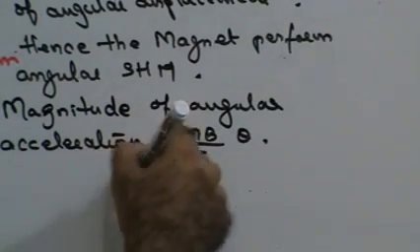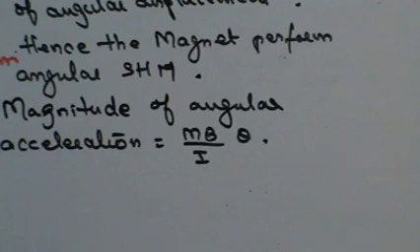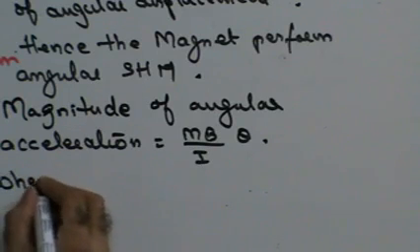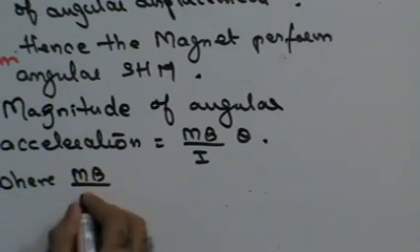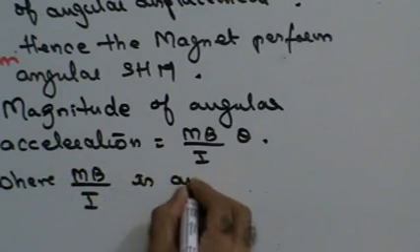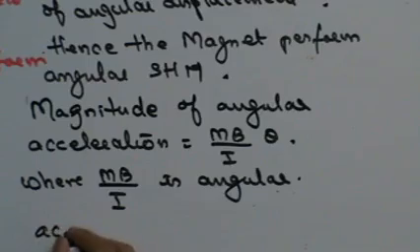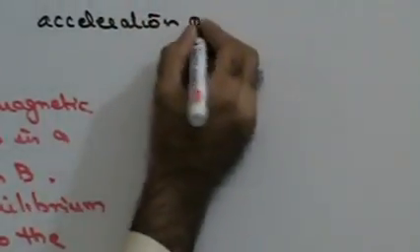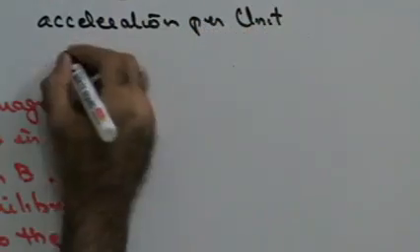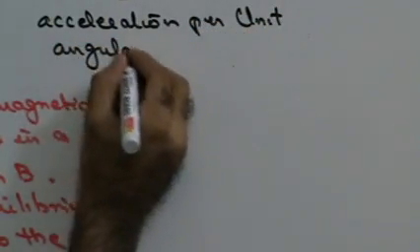And where mb upon I is constant, which I can consider as the acceleration per unit angular displacement. Constant is always the given number per unit. Therefore, mb upon I is the angular acceleration per unit angular displacement, right?